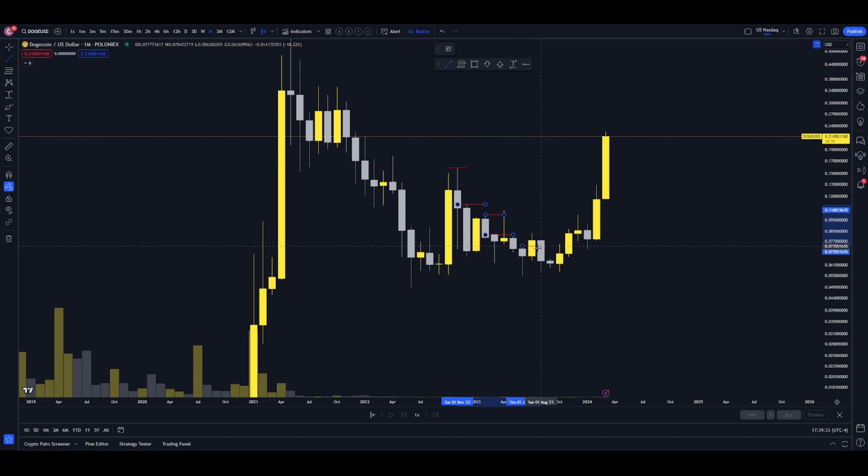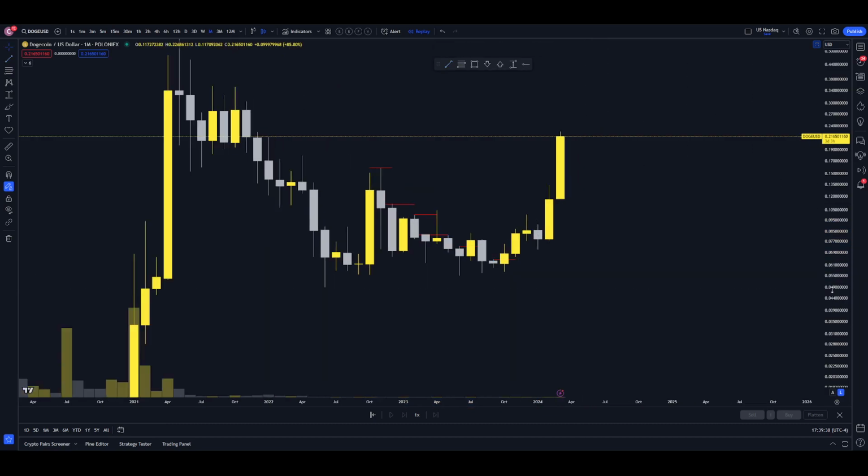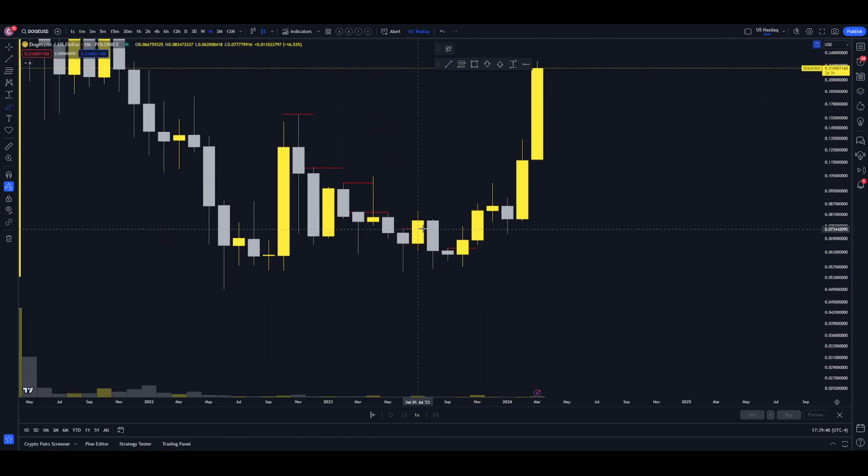Right here, we get a double bull setup, and this is one of my favorites, where you have an engulfing, in this case a bottoming tail plus engulfing right here, and then you pull back on the lower time frame, you make higher lows in front of this low, and you get another engulfing setup.